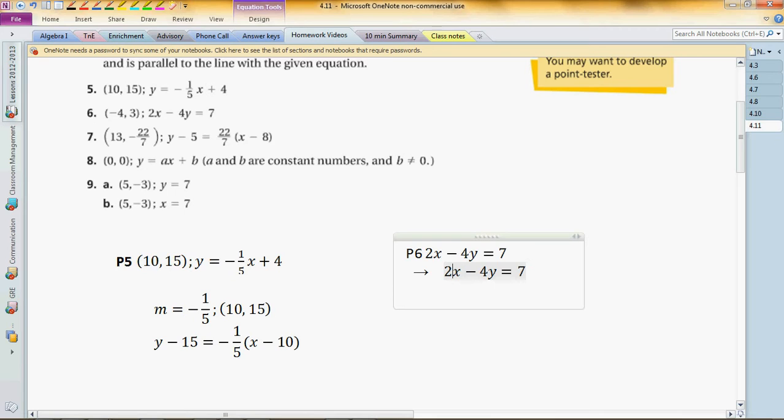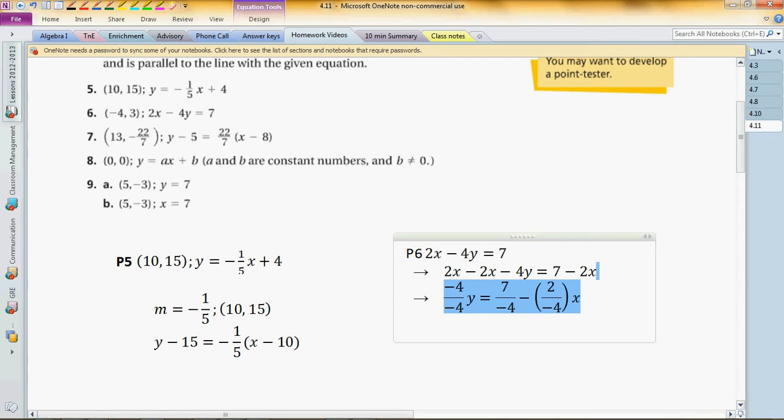So I'm just going to subtract 2x from both sides, and this gives me nothing. And we have to divide negative 4y by negative 4, then divide this by negative 4, and we have to divide this 2 by negative 4.